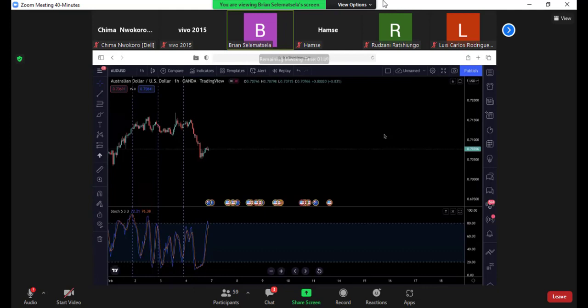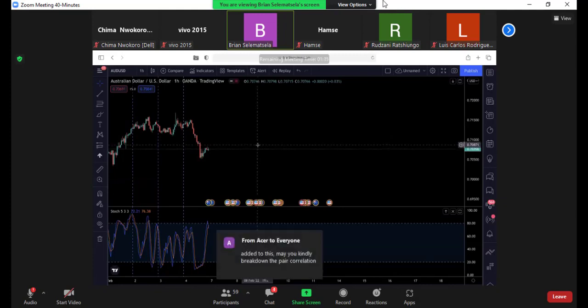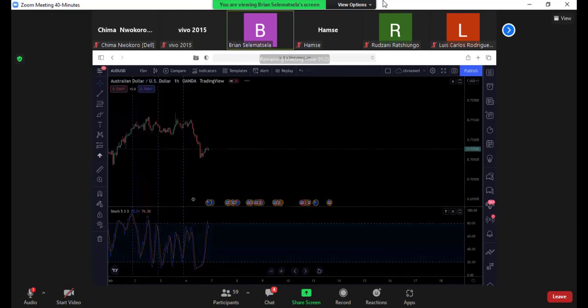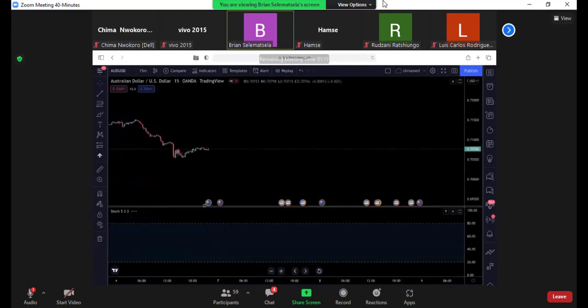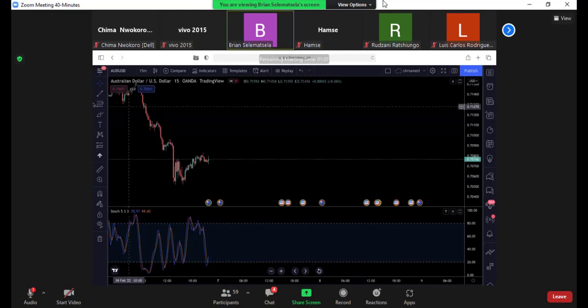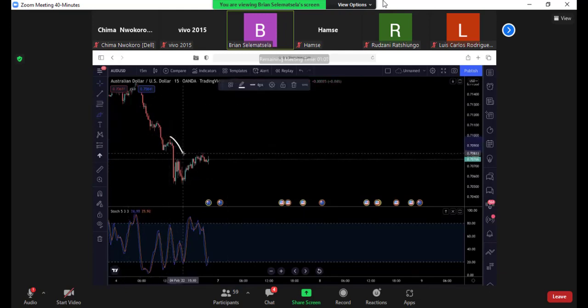So go 1 time frame below, or a maximum of 2 time frames below the chart. If I'm on 1 hour, I'm going to go 2 time frames below. Normally we don't have 45 minutes, so I'm going to go to 15 minutes in order to spot a divergence, and you will still get your answers from there.